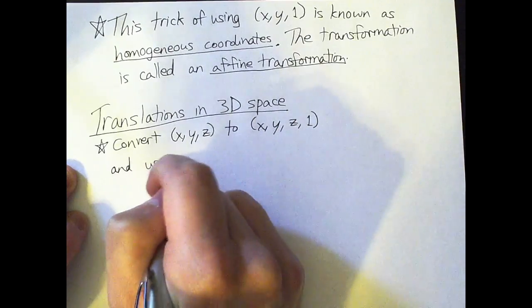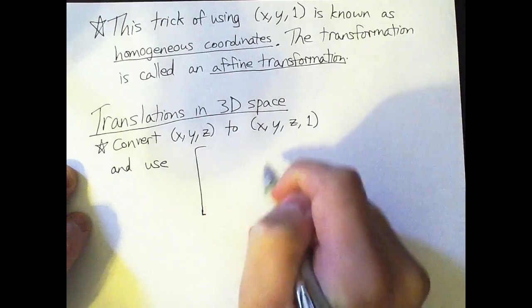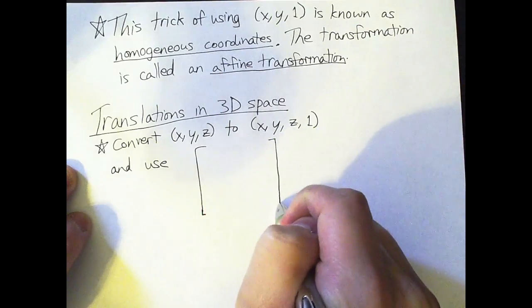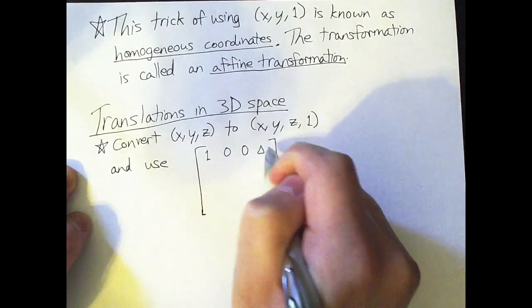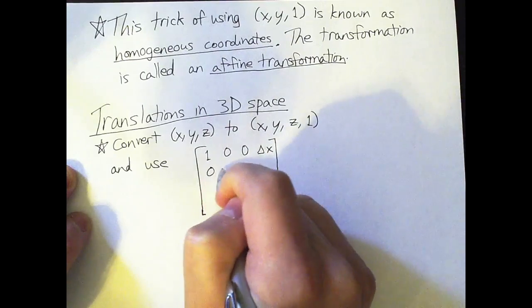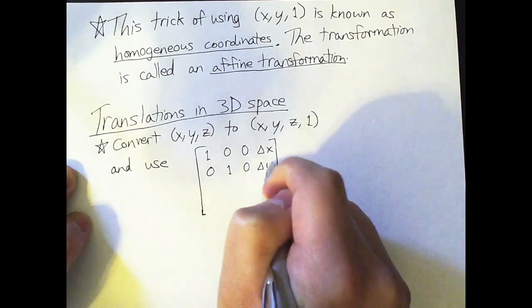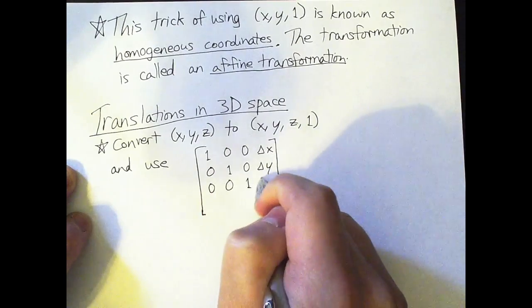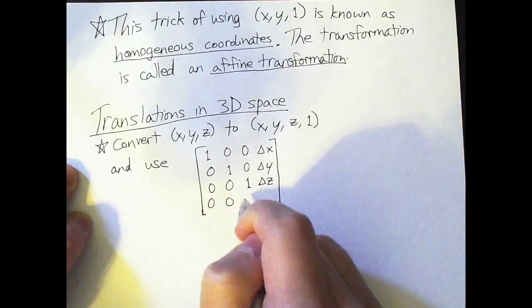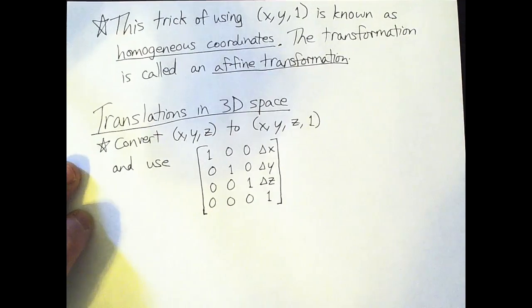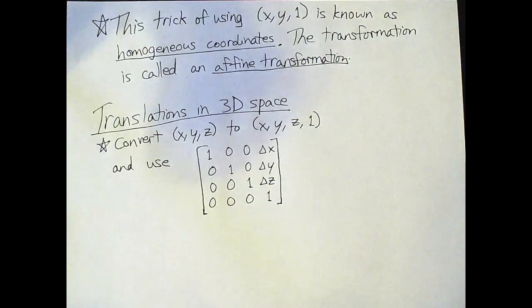And we use the matrix. It's actually going to be 4 by 4. And it's going to be 1, 0, 0, delta x, 0, 1, 0, delta y, 0, 0, 1, delta z, because we might want to shift in the z direction, and then 0, 0, 0, 1. So very similar to what we did above, except now we could shift along the x-axis, y-axis, or z-axis, or more than one of them at the same time.